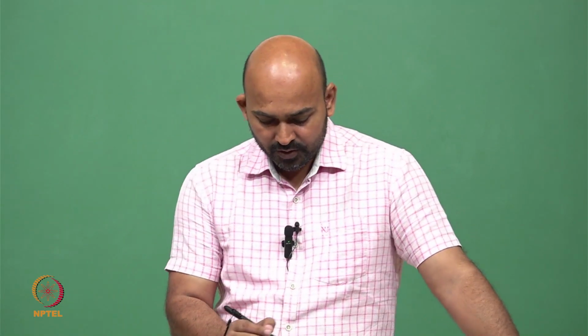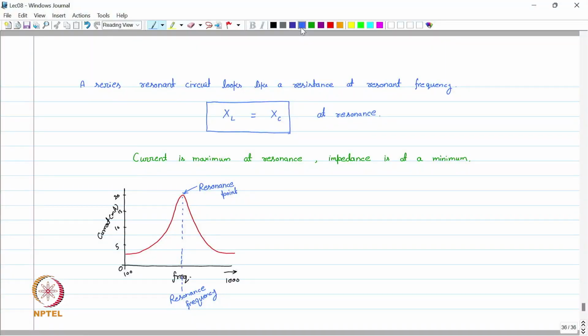So below this resonance point, this area is dominated by the capacitor, and above this frequency, these frequency ranges are dominated by the inductive nature of the series resonant circuit.